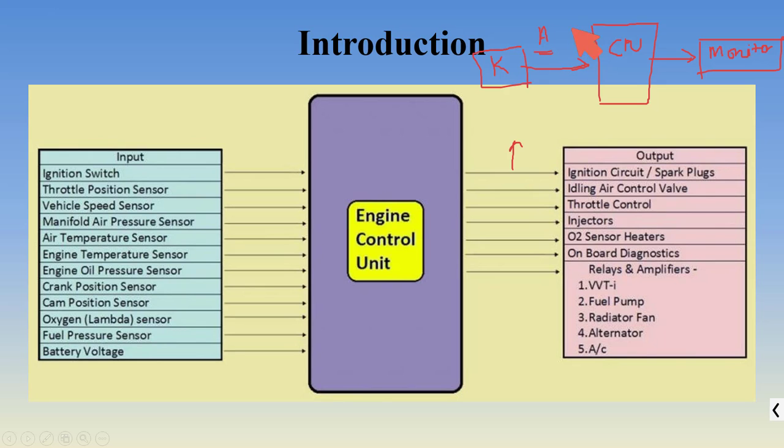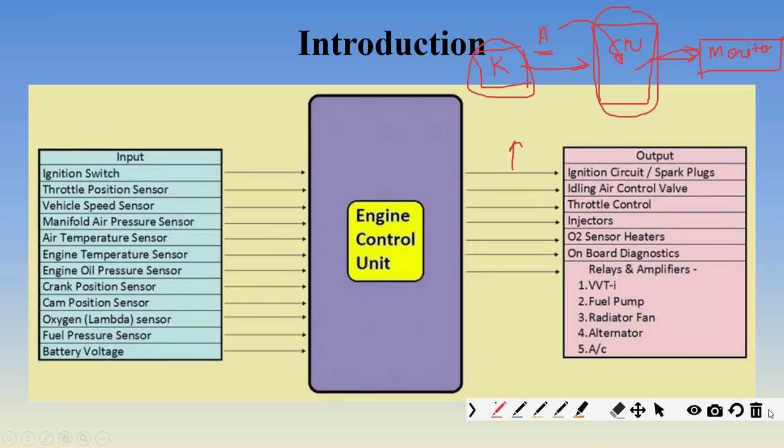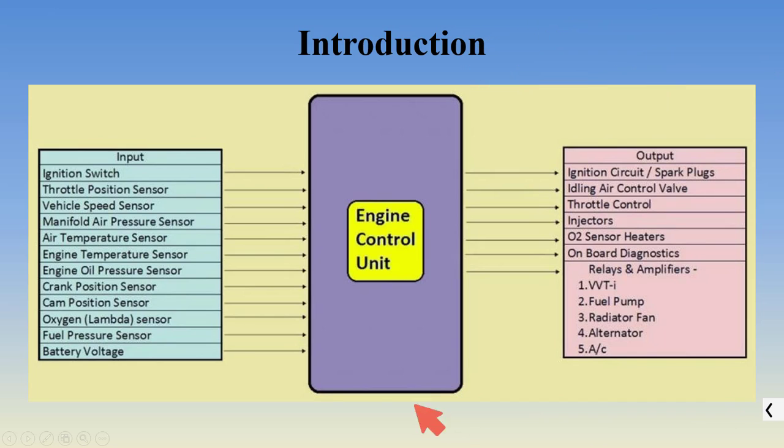Based on the program that is written inside the CPU, inside the code, that is how it will perform. So there is an input device, there is a CPU, there is a code inside the CPU, and based on this code the CPU sends a signal to the output device. That is the same thing which happens in your engine control unit also.